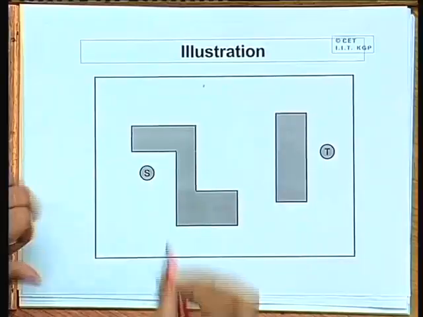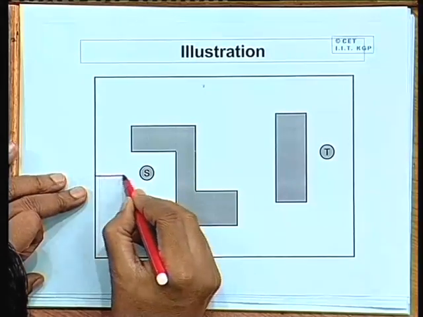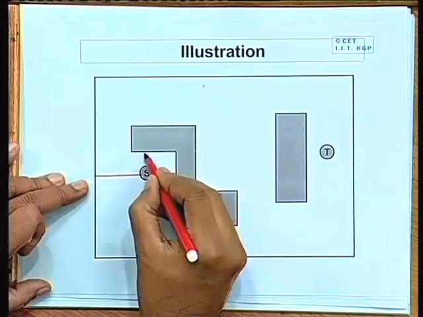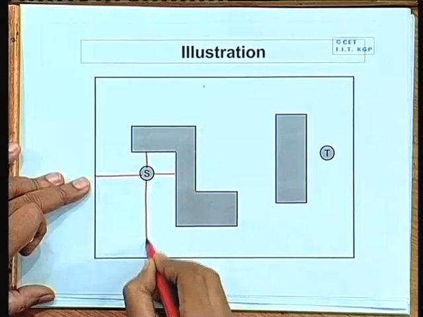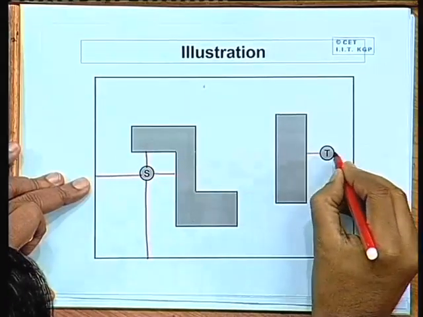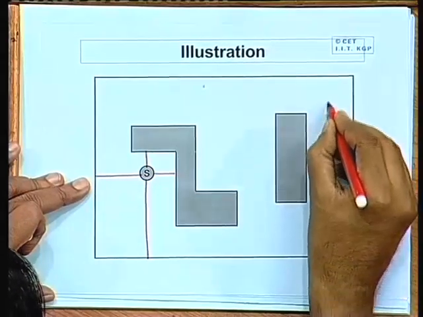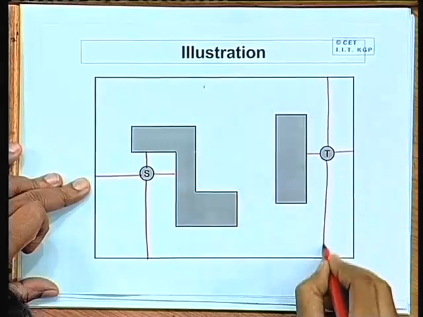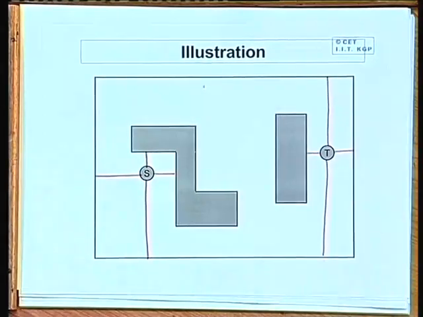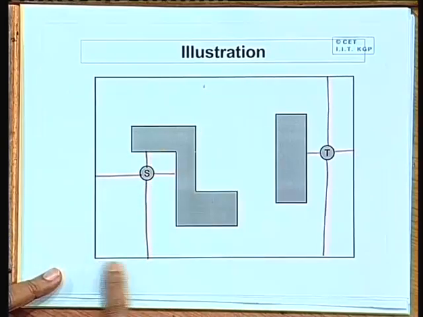Let's just take the same example and try to find out. These are the first level probes, the horizontal and the vertical lines. Now the horizontal and vertical lines will be hitting the boundary or the obstacles.